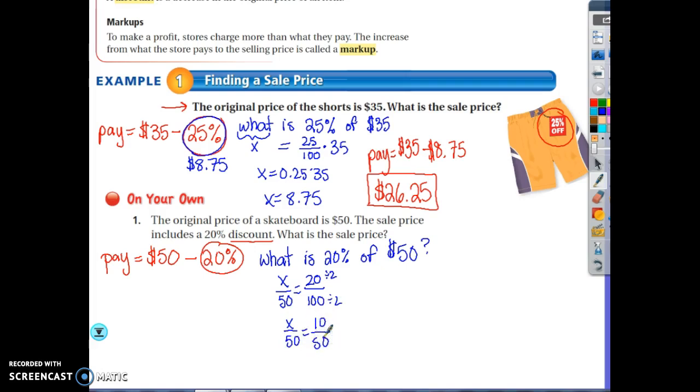Since the denominators are the same, that means that the tops have to be the same as well. So x must equal 10. In other words, instead of taking away 20%, I'm actually going to be taking away $10. 20% of that $50 is $10.